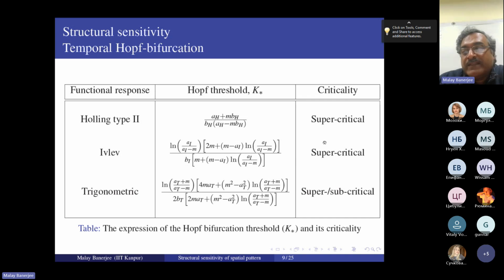So that is why we can say that if we consider the criticality of the Hopf bifurcating limit cycle, this might be stable or unstable depending upon which type of functional response we are considering, although the functional responses remain close to each other over the range of n, that is 0 to 4.